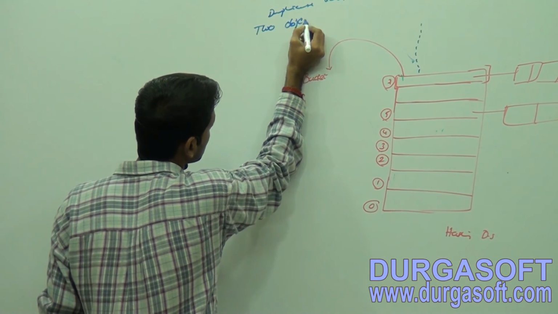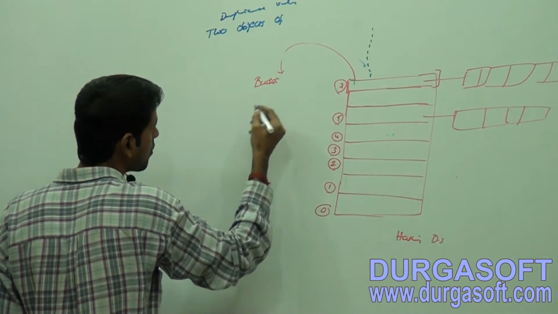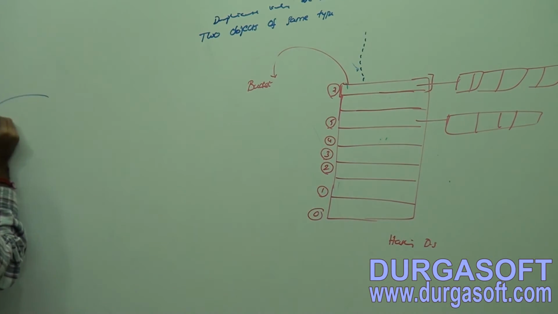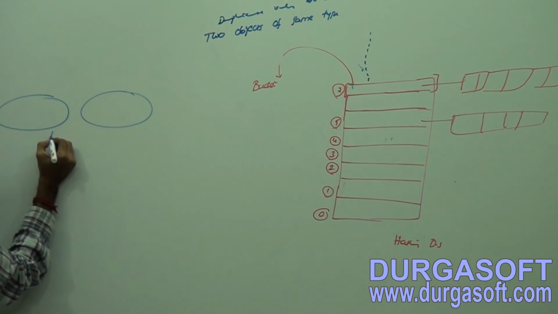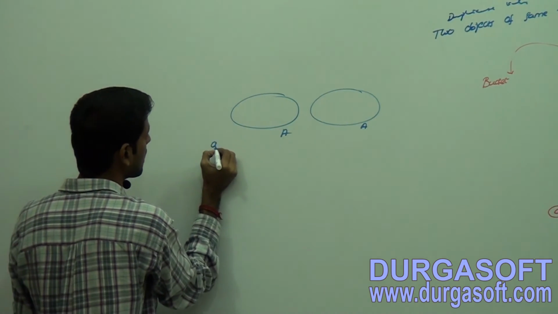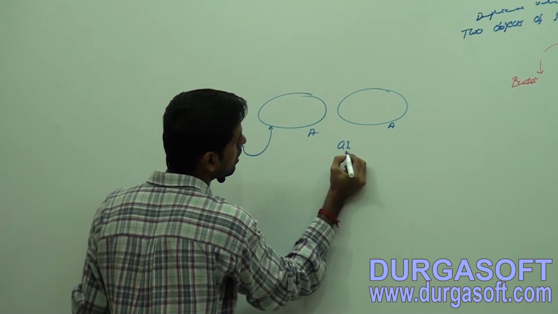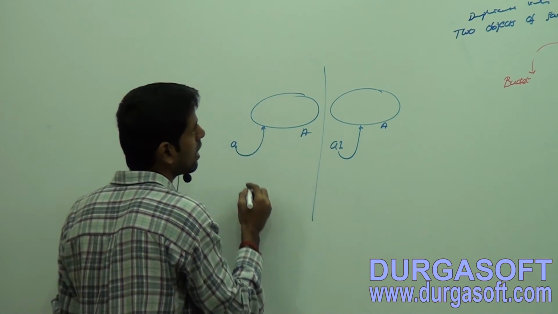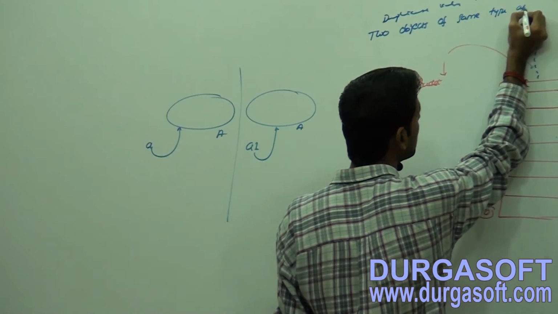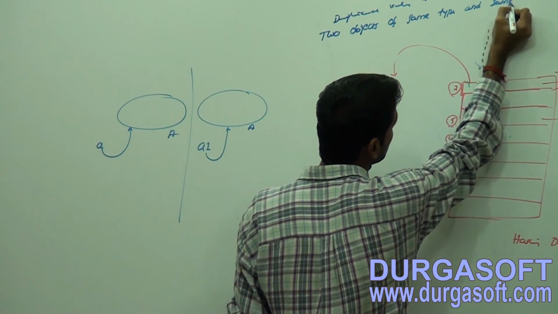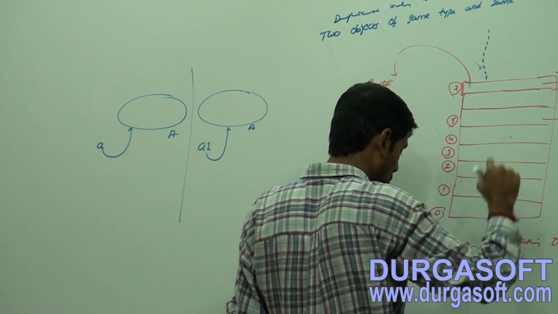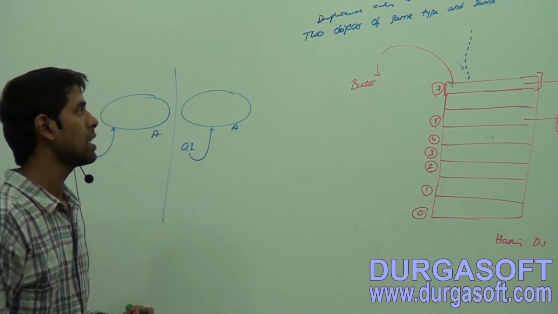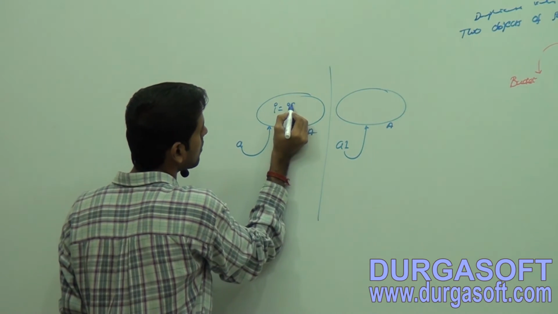two objects of the same type, let it be A and A1. Two objects of the same type and the same data, let it be I equals 99.